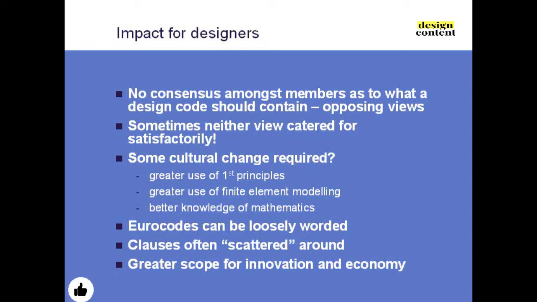If you pick up a Eurocode, Section 1 is the scope, Section 2 is the basis of design, Section 3 will be materials, Section 4 will be durability, 5 will be global analysis, 6 will be ultimate limit states, and they're all written in the same way. So when you're trying to look for something, you immediately go at least to the right chapter. They're quite good in that respect.